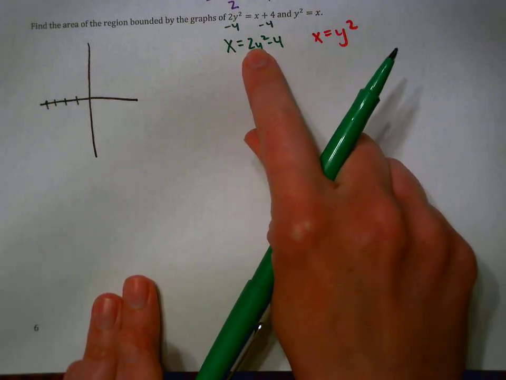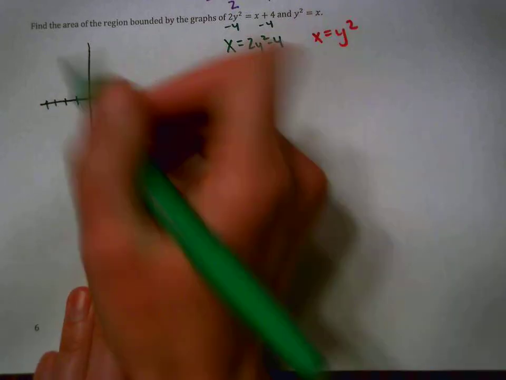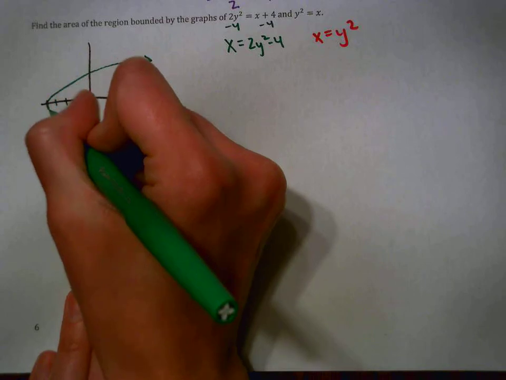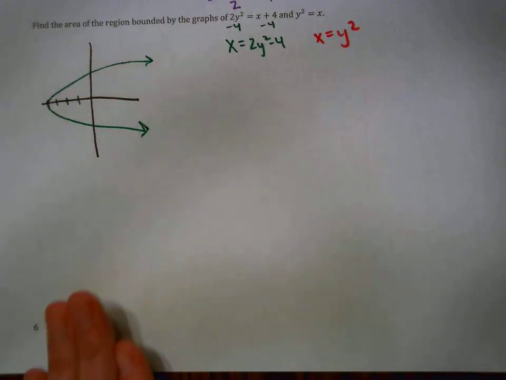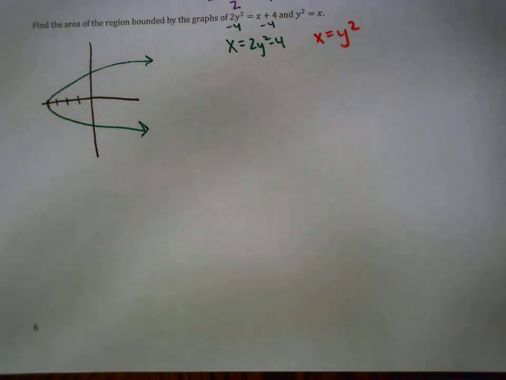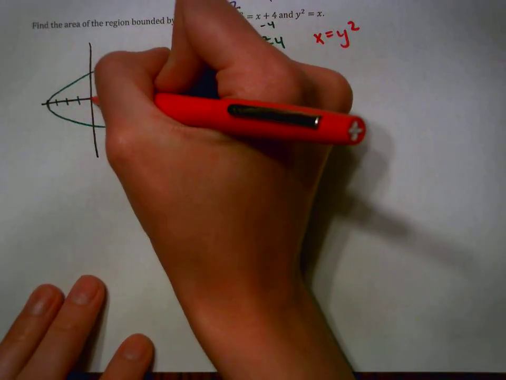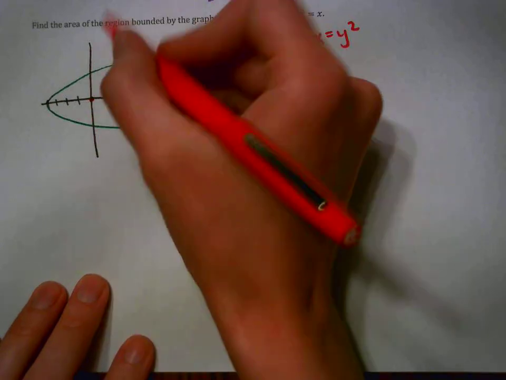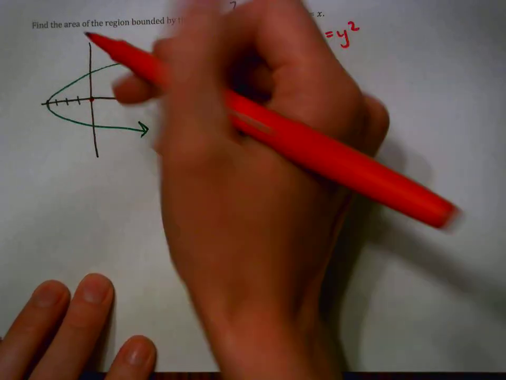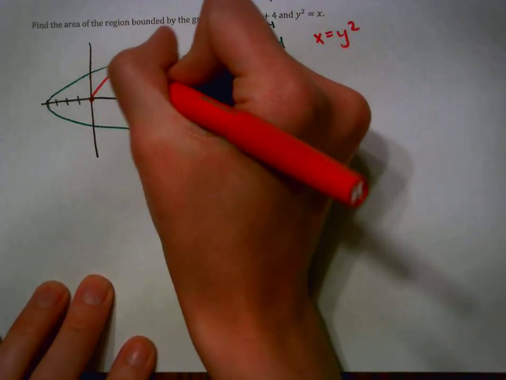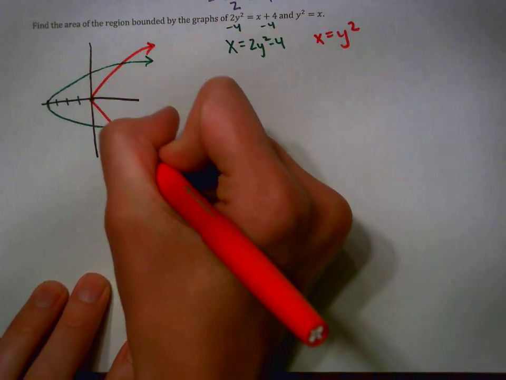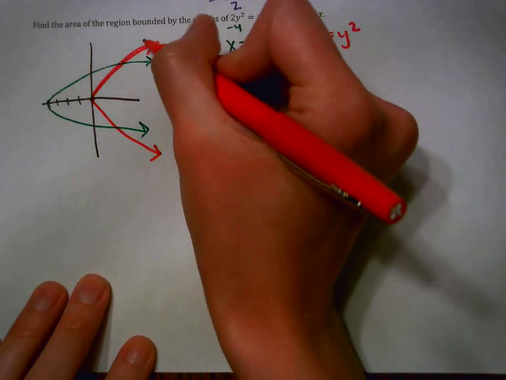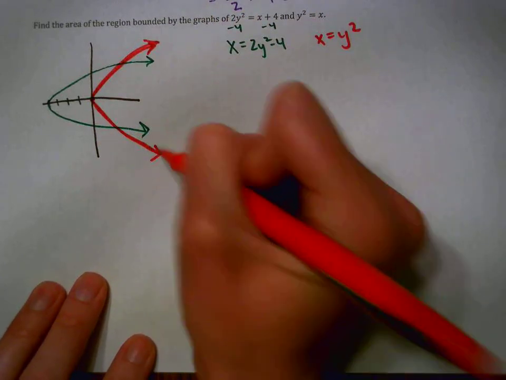It does have a stretch to it, but I wouldn't really worry about that when you're sketching it necessarily. And then we have this y squared, which starts at the origin and still opens up to the right. So how do these intersect? It might have helped if we did that first. But it's going to look something like this, because that's going to be wider. That kind of looks like more of a V shape, but it's supposed to be a quadratic.